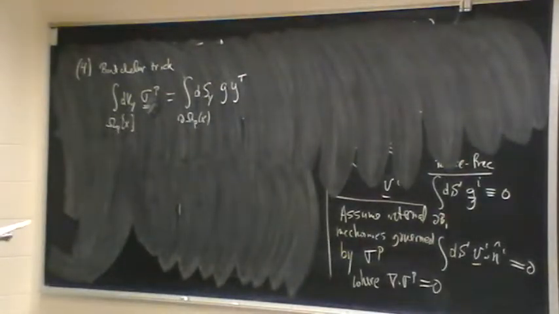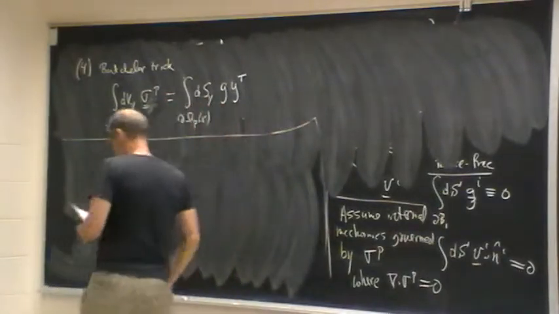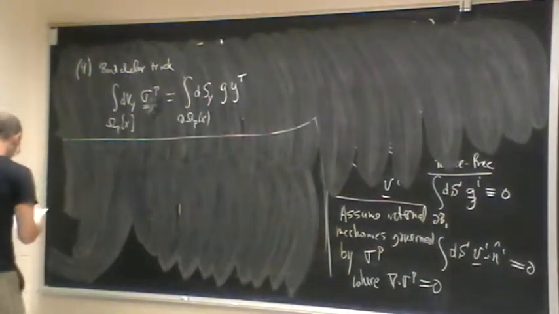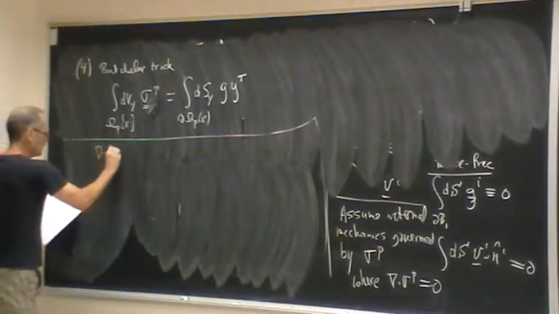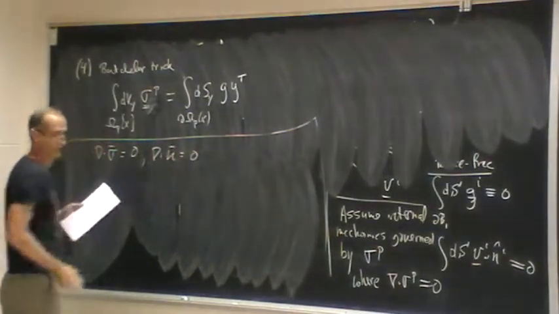So what we end up with then is the following. Div dot sigma bar is equal to 0. Div dot u bar is equal to 0.